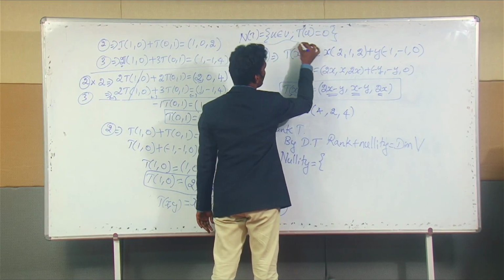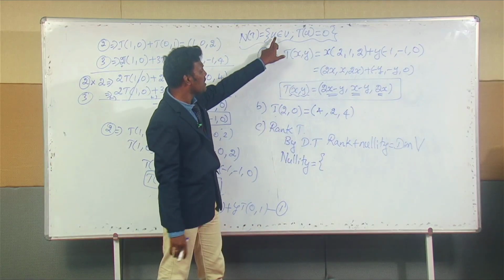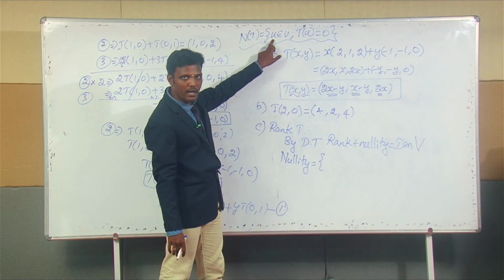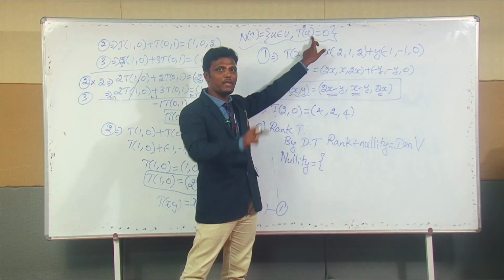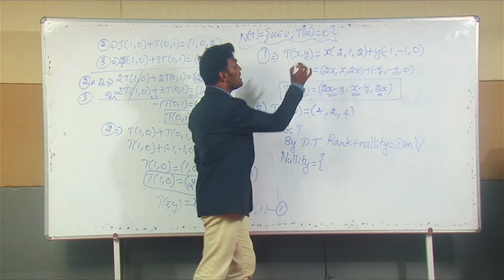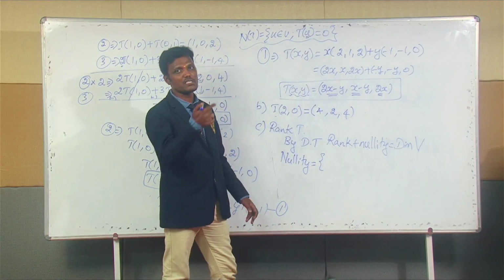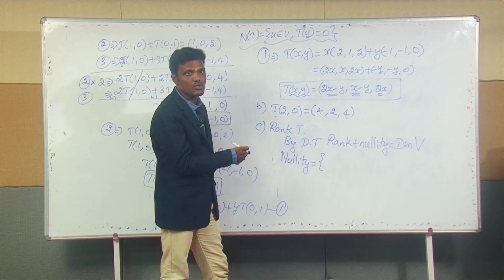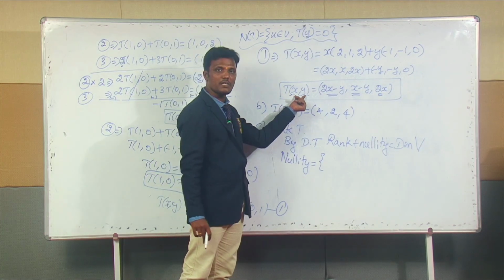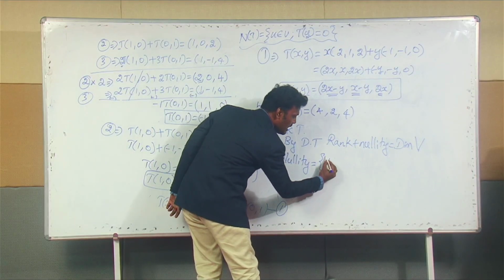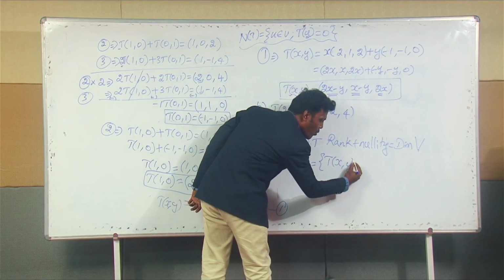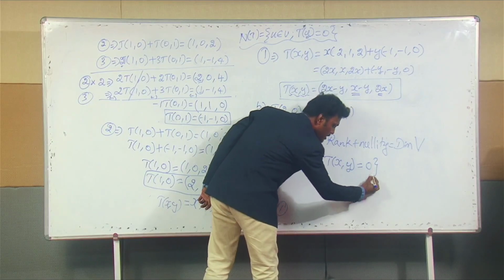This is the nullity definition. Taking one element from the domain, if you take the image T of u, it is mapped to the element 0. Here the domain is R square, and in R square the general format is (x, y). So just rearrange the formula as T of (x, y) equals 0.